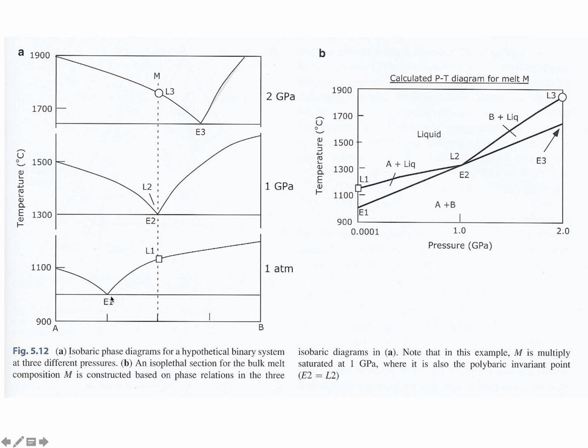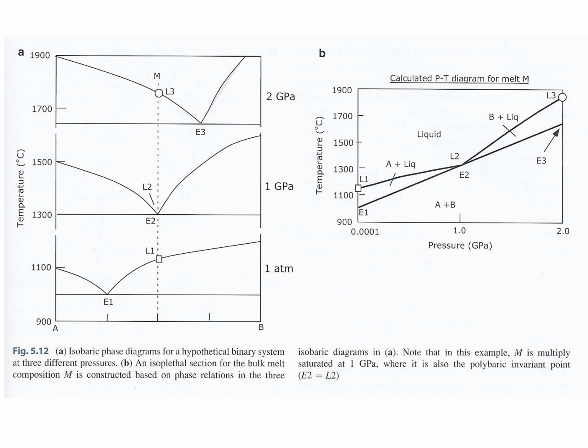Here we have the eutectic point at 1 atmosphere for two minerals or phases A and B. When we are increasing the pressure, our eutectic point will move from the left side to the right side. Yeah.